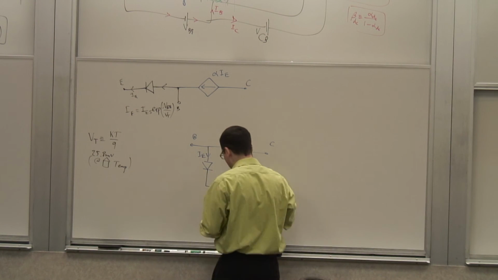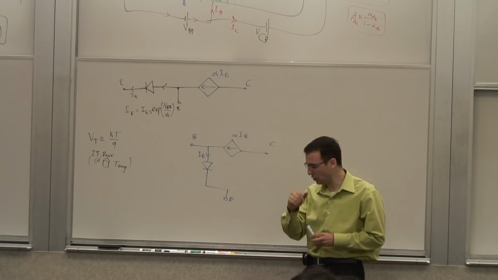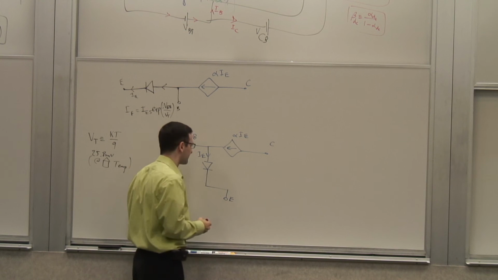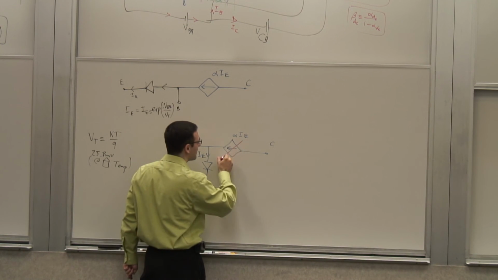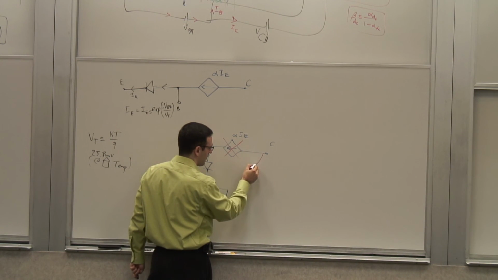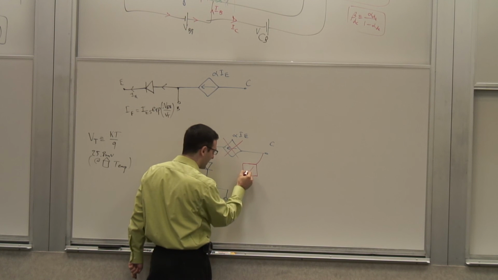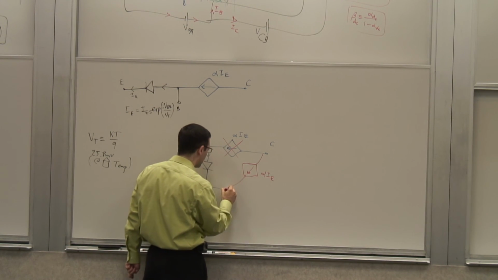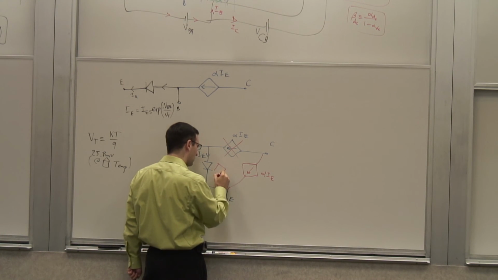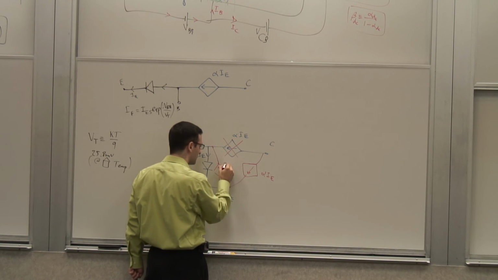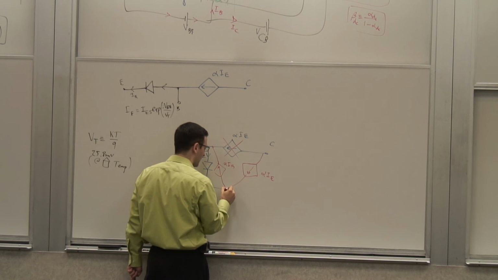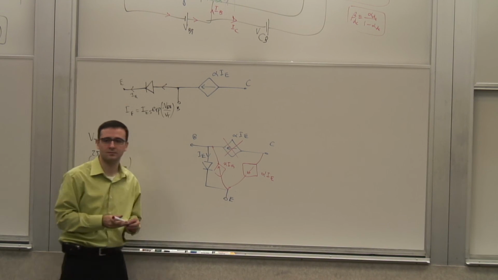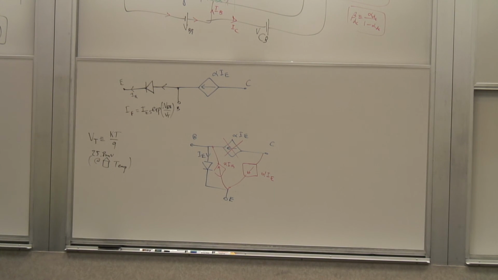So now let me play a trick. Do you agree or disagree that if I remove this current source and replace it with one current source of equal value at this node, and another current source of, again, equal value, back to this node, the circuit is exactly the same? So think about it from the perspective of each node.